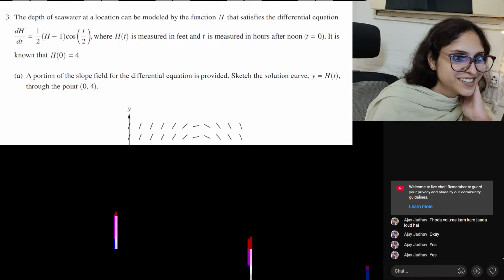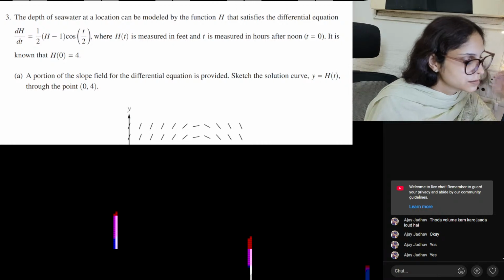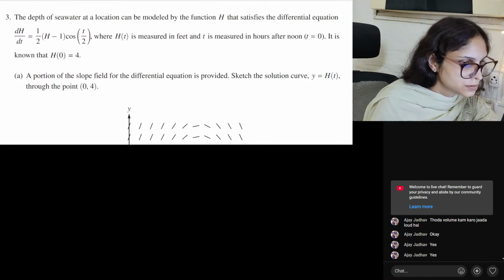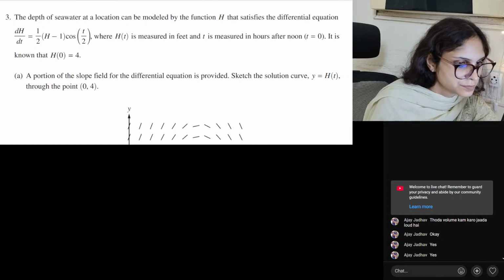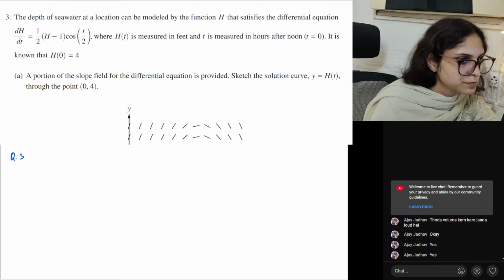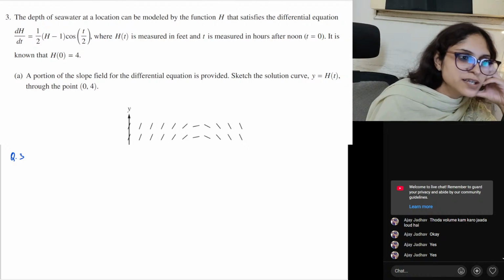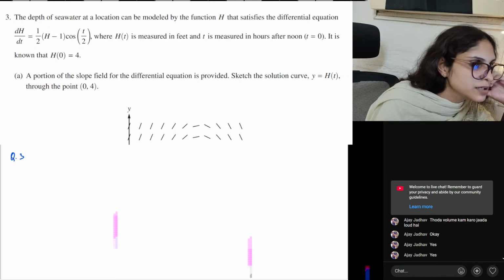Oh my god. Why is it showing that audio? I have no idea what it is trying to do.